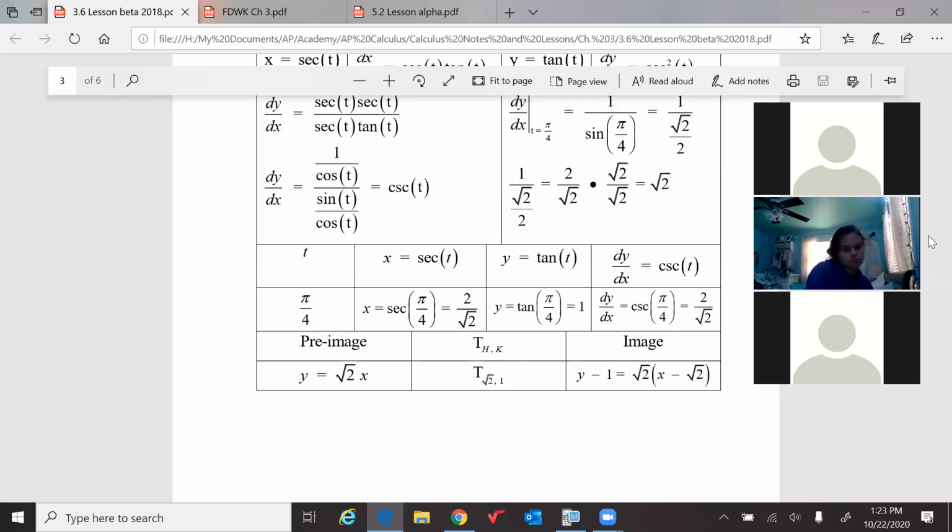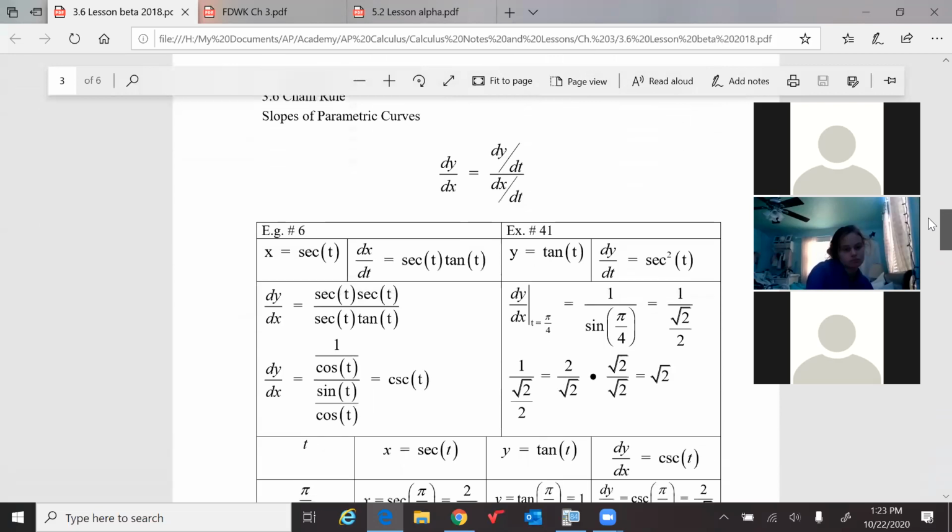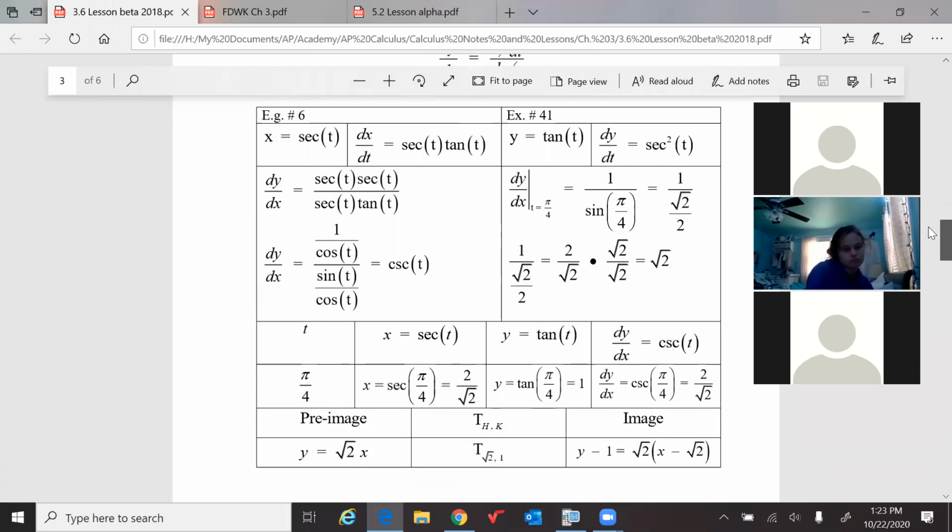I go back to the original equations and put pi over 4 in for t. Secant is 1 over the cosine, that'd be 2 over root 2, giving you x is root 2. And the tangent of pi over 4 is 1.